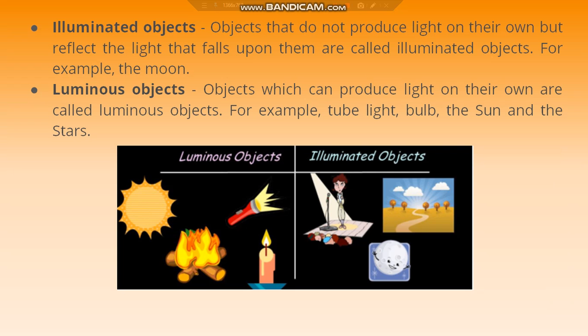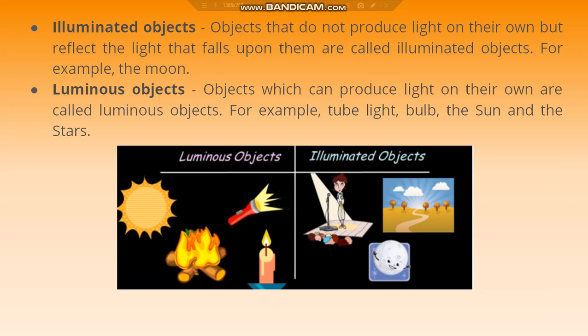So now let us have a quick recap of illuminated objects and luminous objects. Illuminated objects are those objects that do not produce light on their own, but reflect the light that falls upon them. For example, the moon. Whereas luminous objects are those which can produce light on their own.